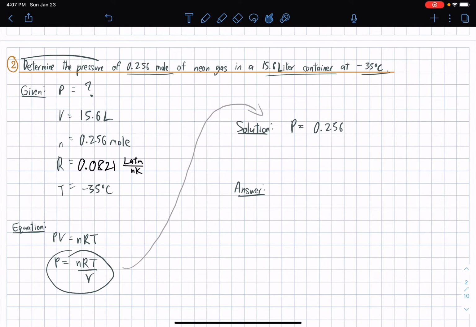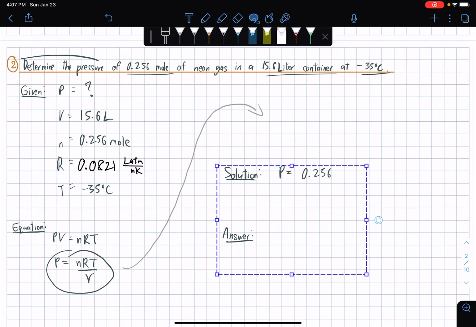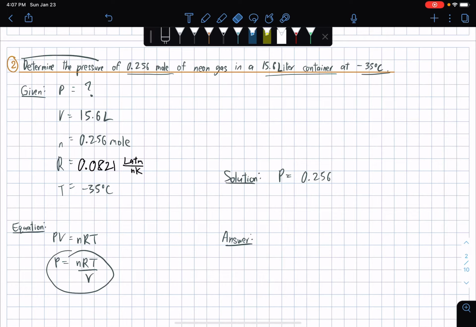By the way, we'll have to set this apart for now, because we have to convert our temperature. Again, the default units: pressure we don't know, volume, yes, liter is the default unit, mole, yes, L·atm over mol·K, yes. So Celsius, we have to convert temperature.